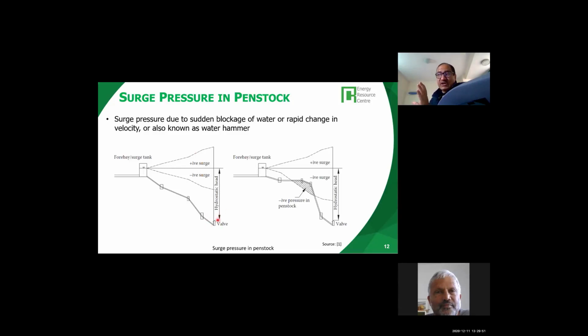Once the wall thickness of the penstock can withstand this positive surge, then there is no problem to close this valve and stop the flow of water into the turbines. So this is part of the penstock design methodology.